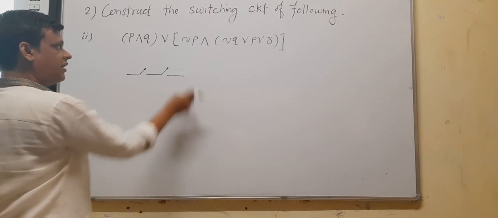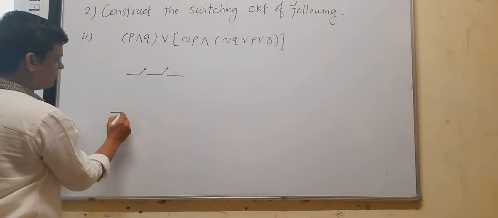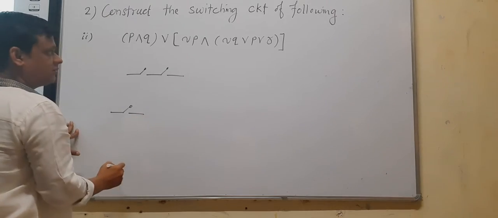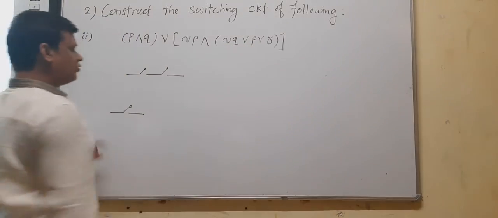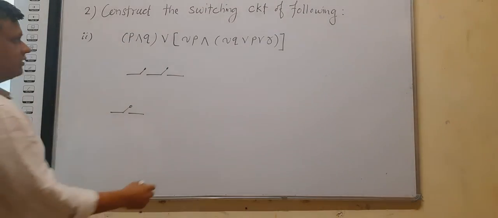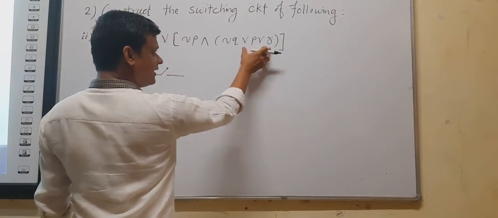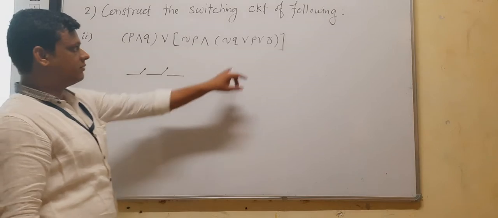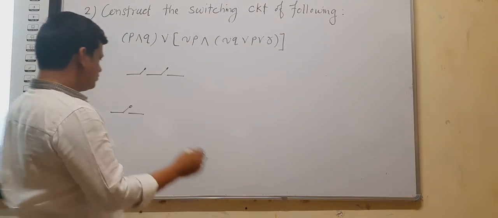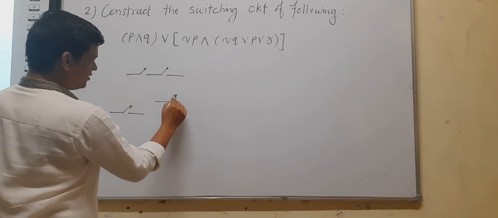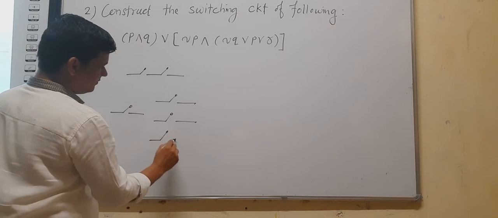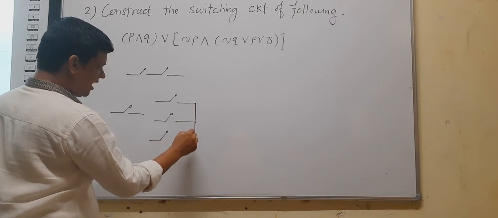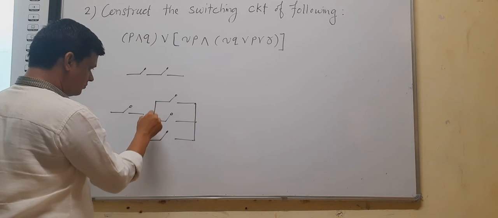In the second circuit, negation P means this is the first switch. For this bracket the total number of switches is 3: 1, 2, 3. They are connected in parallel combination because here is OR. So we construct 3 switches like this. They are all in parallel combination.